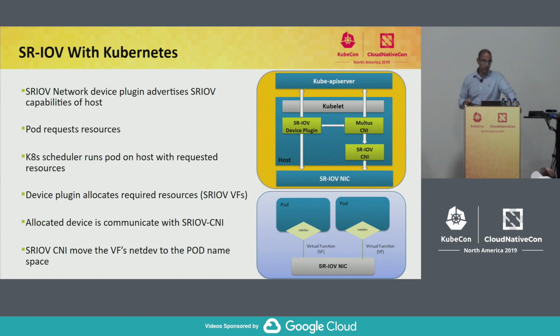The Kubernetes scheduler then will run the pod on the right host with those resources. The device plugin will allocate the virtual function that will be connected to that pod. The allocated device is communicated to the SRIOV CNI because we need the net device to run on that interface, and then the SRIOV CNI will move the virtual function net device to the pod namespace.